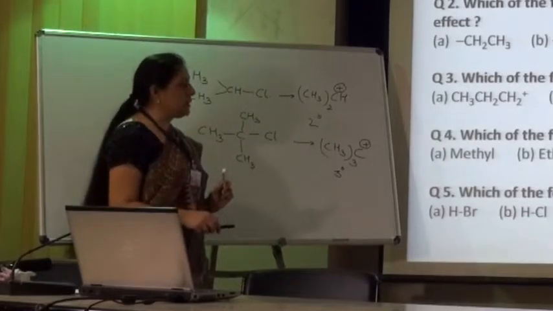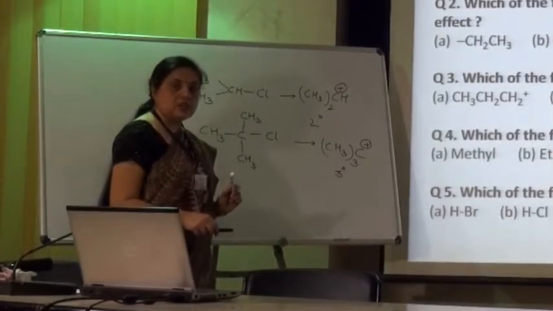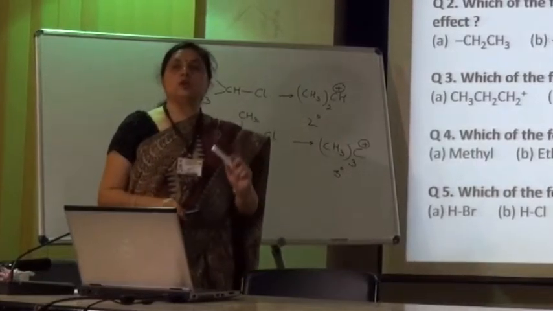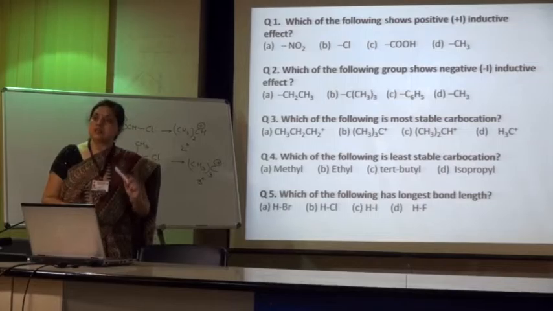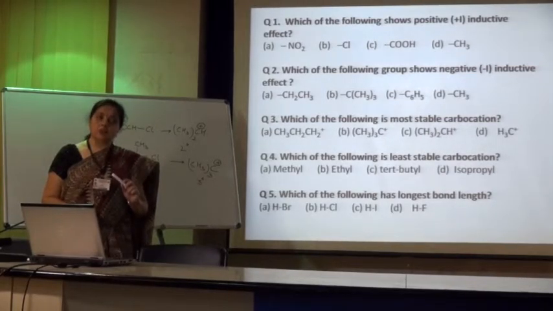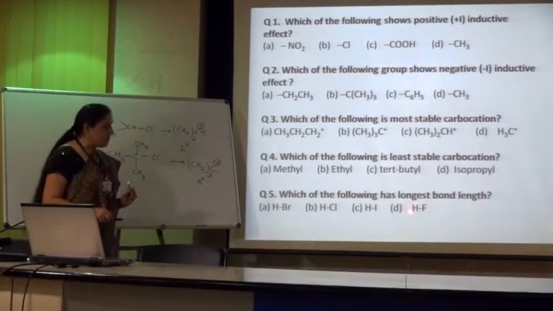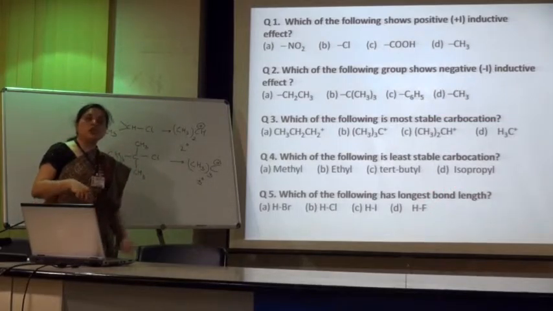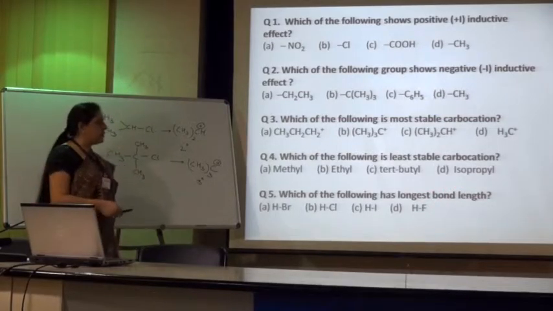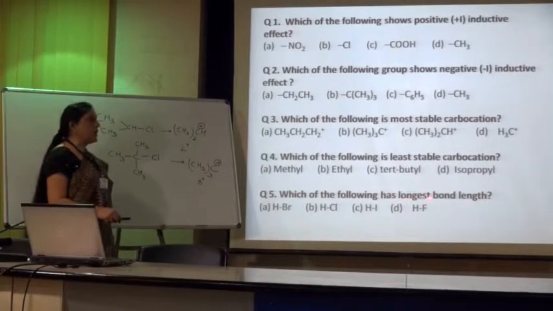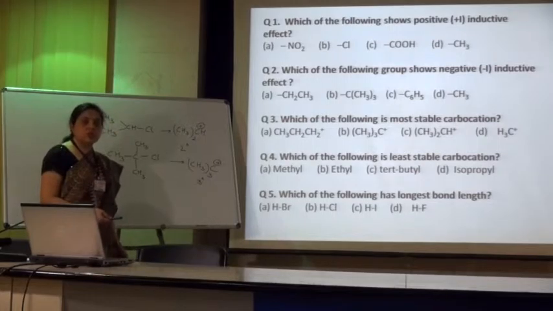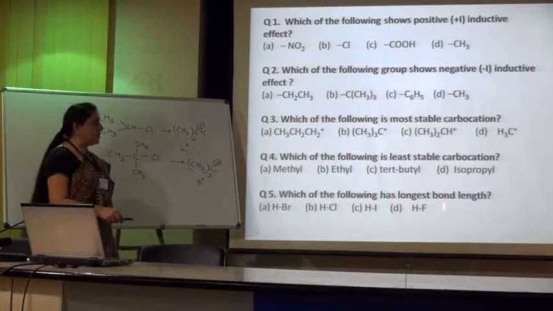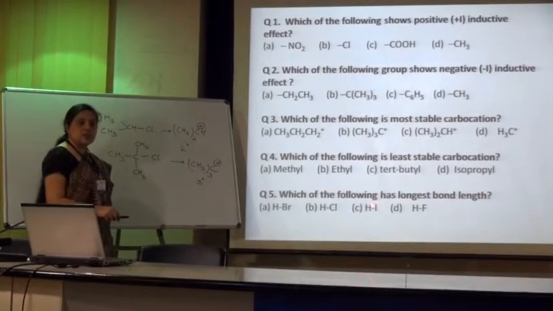Maximum electronegativity is of fluorine. If we compare fluorine, chlorine, bromine, iodine, which element has the highest electronegativity? Fluorine. So that bond will be the shortest. Your question can also be asked another way: which of the following has the shortest bond length? Then your answer will be HF. But now your answer is C, that is HI.